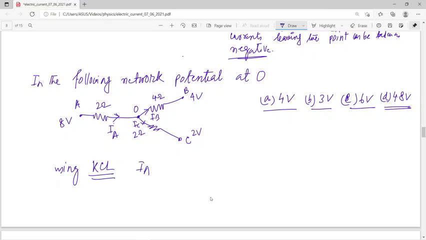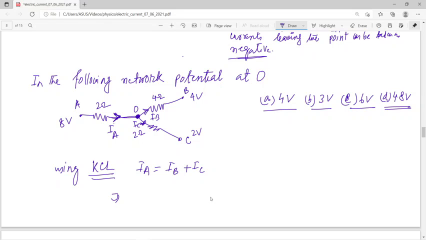So IA equals IB plus IC. This is IB and this is IC. IA is the current entering the junction. If we consider the junction O, then IA is the entering current, and IB and IC are the two currents leaving from the junction.